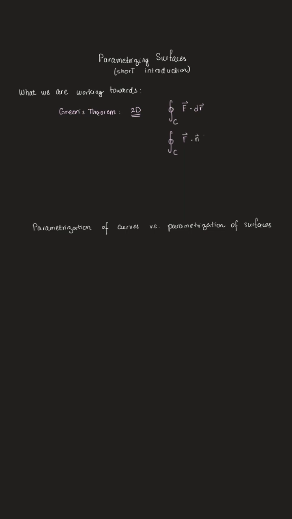And so these are the two integrals that we encounter in Green's theorem. And both of them relate each integral to a double integral over the region enclosed by the curve.